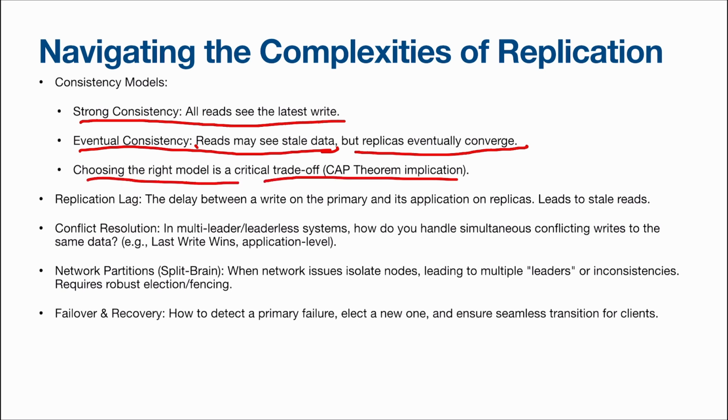So what is CAP theorem? I'm planning to make another video on this, but let's quickly go over it. CAP theorem basically says we can choose only 2 of these 3, which are CAP. What is C? C is for consistency, and A is for availability, and P is for partition tolerance.